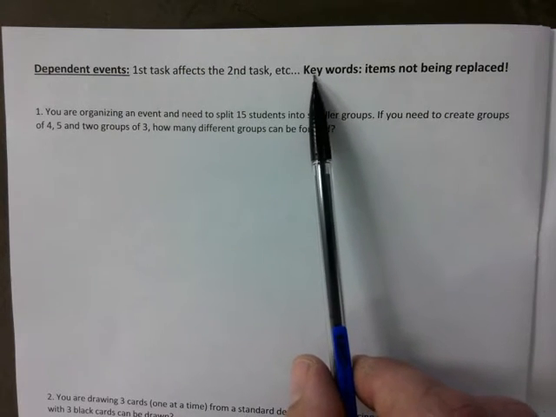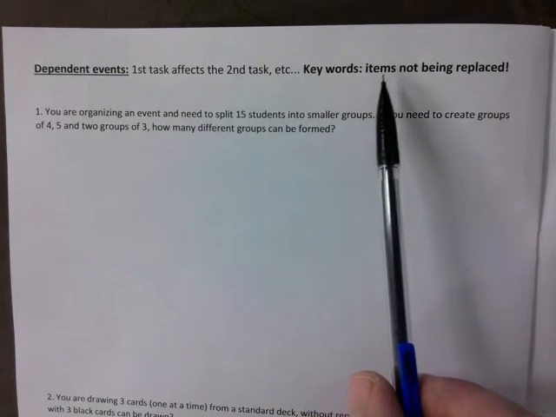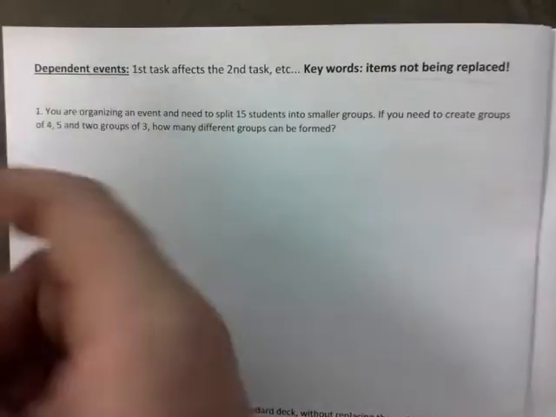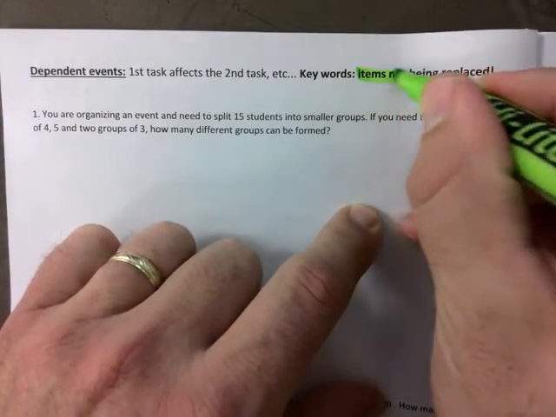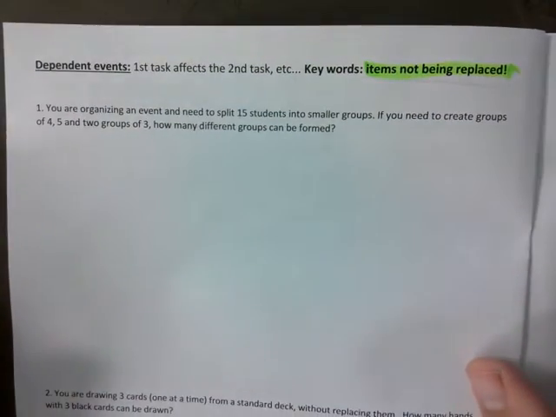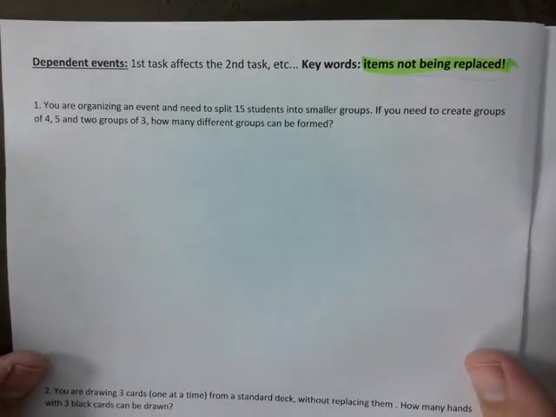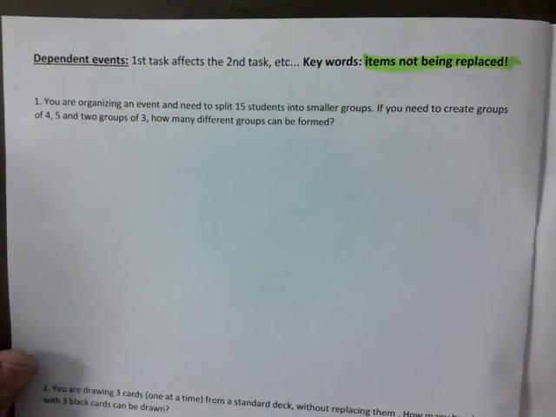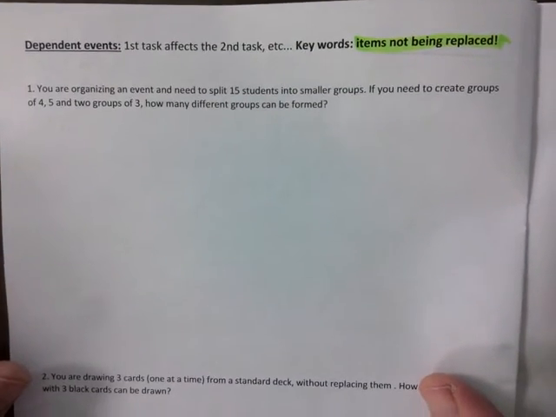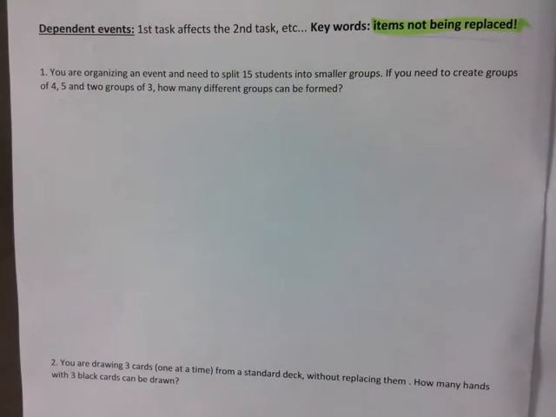Anyways, keywords. Items are not being replaced, right? Objects, people, you name it, not being replaced. I don't know if you came across this in the homework, but there is one like this.